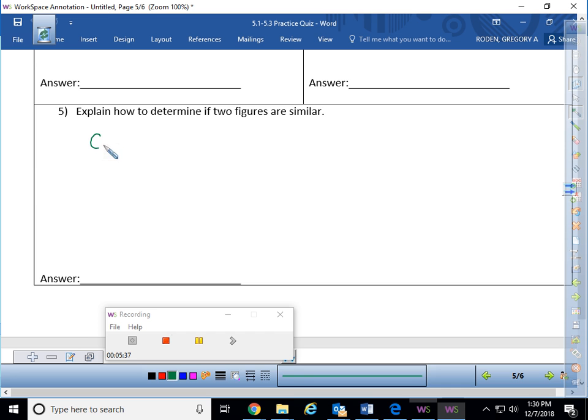Their corresponding angles, that's the symbol we're going to use for angles, angle apostrophe S, are equal, and their corresponding sides are proportional.